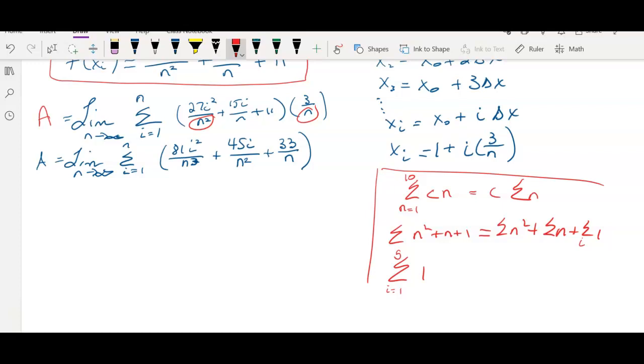You're summing the number 1 how many times? 5 times. So the first rule is that the summation from 1 to n of 1 is just n. That's one of the first basic rules of summation.